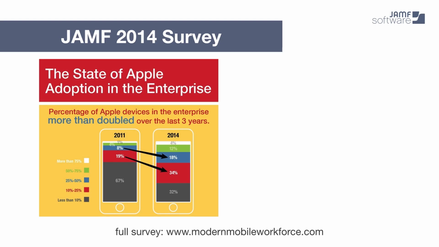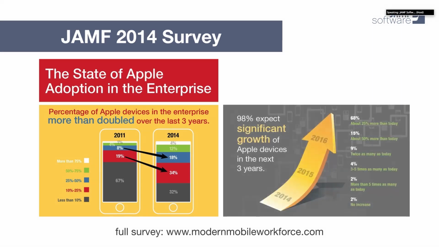And when you look at Apple's earnings reports, this is really no surprise. Every single earnings report that Apple comes out with, they state that they are now in 90% or 98%, and the number keeps going up, of Fortune 500 companies. So it's really no surprise that organizations are increasing the adoption of Apple products. Second, and even more interesting, is that 98% of companies expect a significant growth of Apple devices in the next 3 years.